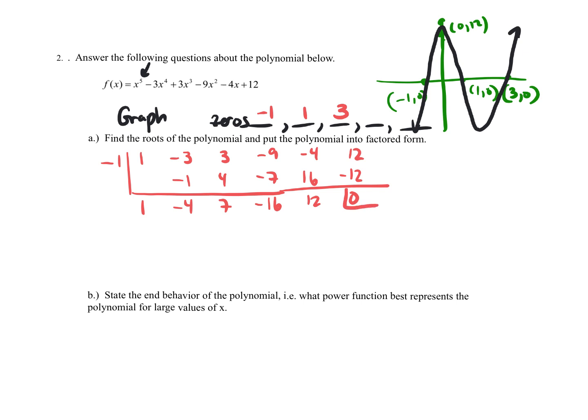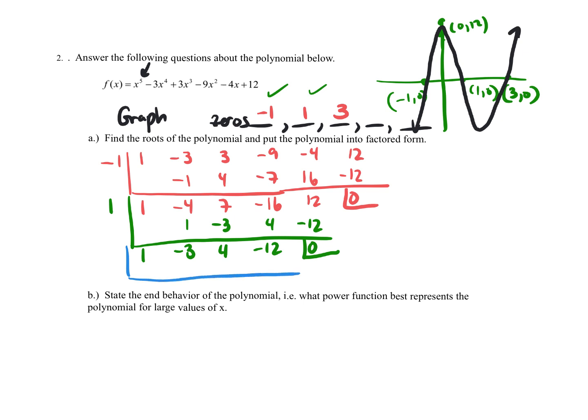So now we'll divide the next one. It doesn't matter the order, so now I'll divide 1, because I divided that one. Now I'll divide 1 into the remaining numbers. 1, 1, -3, -3, 4, 4, -12, -12, 0. And then finally, I will divide the 3: 1, 3, 0, 0, 4, 12, 0.